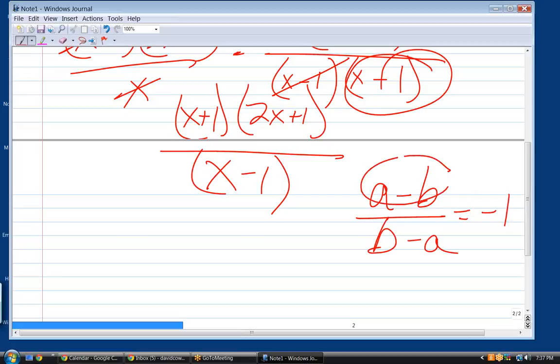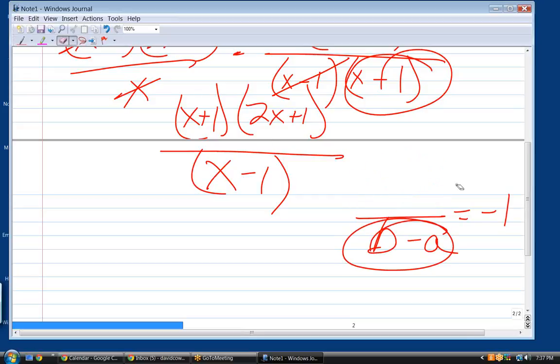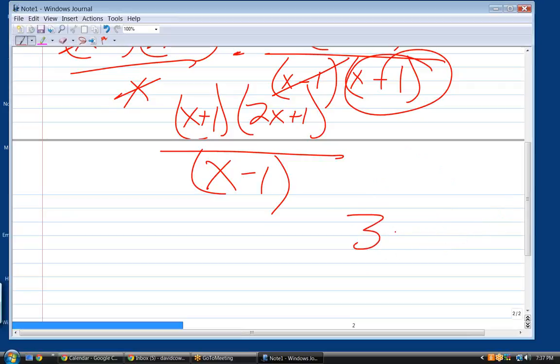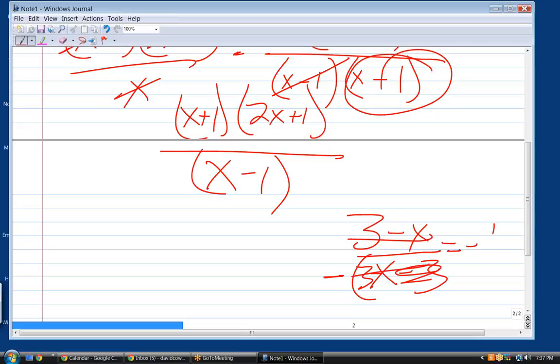In other words, this is the only situation where you can cancel even though the two terms are not the same. And by that I mean if I had something like 3 minus x divided by x minus 3, I can change the x minus 3 to a negative 3 minus x, and then I can cancel, leaving minus 1 behind.